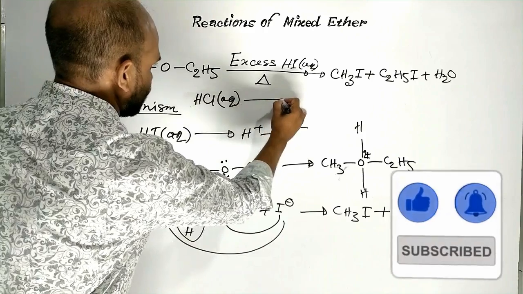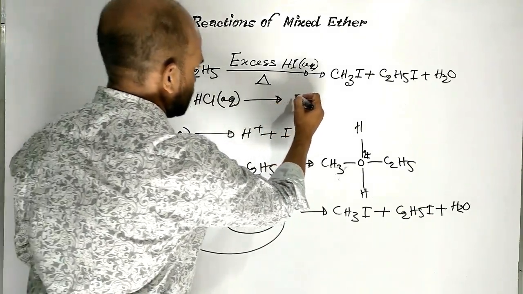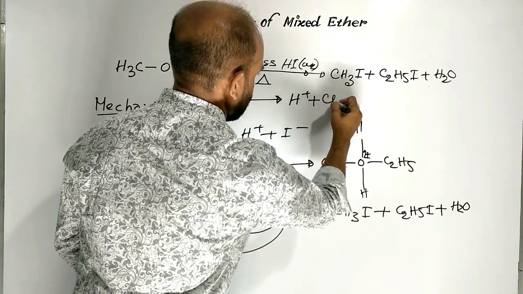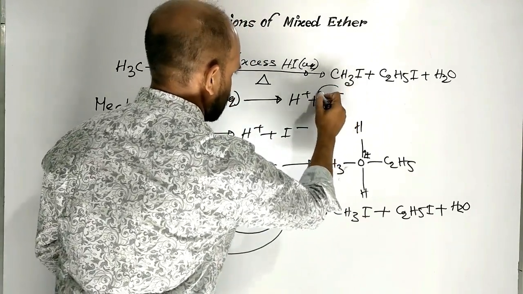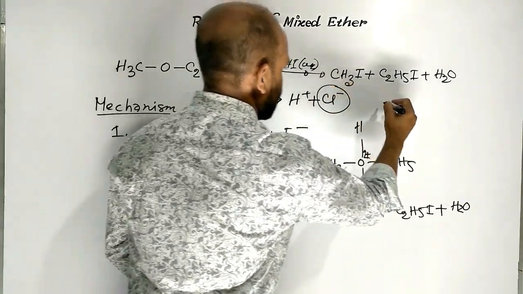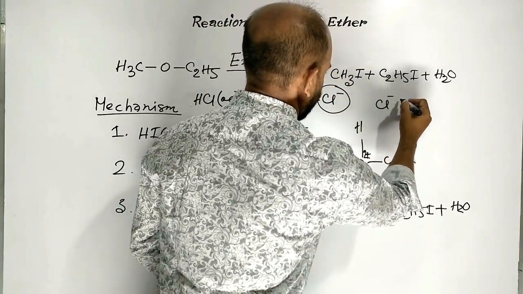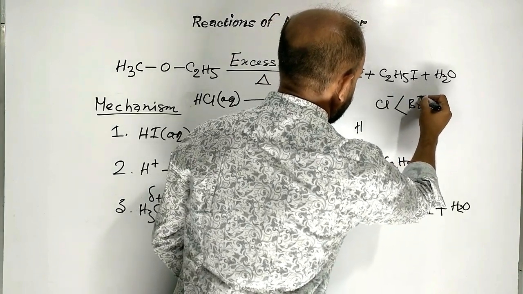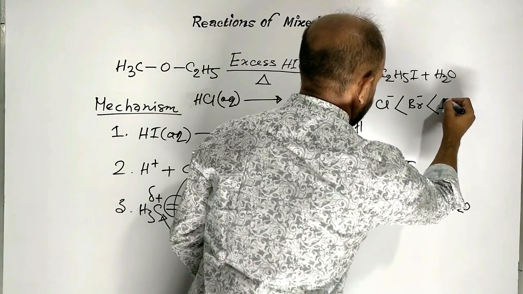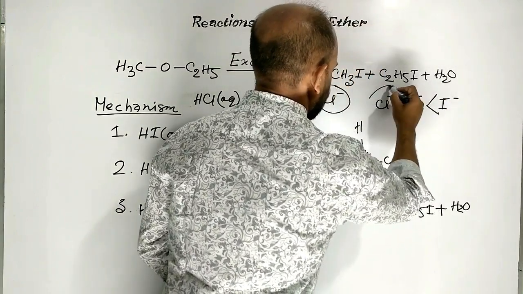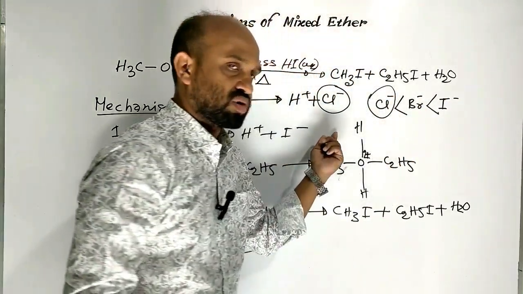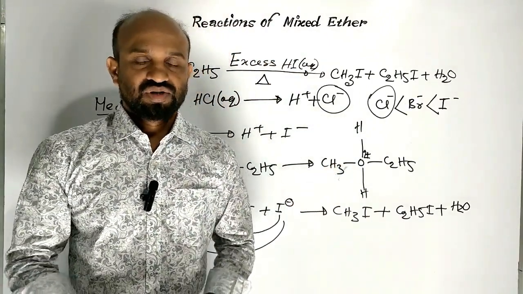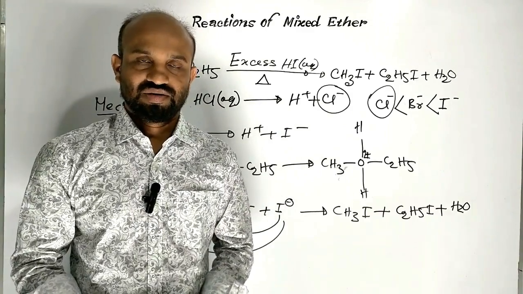Hydrochloric acid is comparatively weak acid than hydrobromic acid and hydroiodic acid, and chloride ion is comparatively weak nucleophile than bromide ion and then iodide ion. So hydrochloric acid is not used in this reaction. This is all about reactions of mixed ether. Thank you very much.